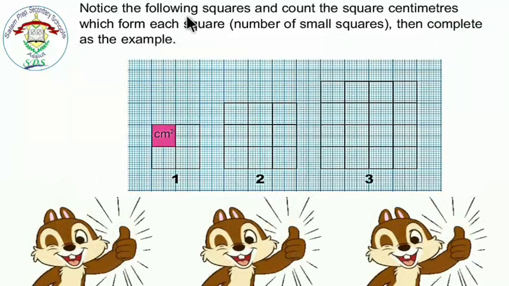Put the following squares and count the square centimeters which form each square. Number of small squares, then complete, as the example. Please take care. Square 1. To find the area of square 1, we will count the square centimeters in square 1.